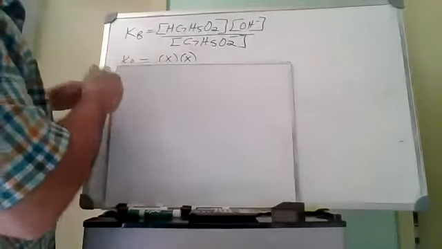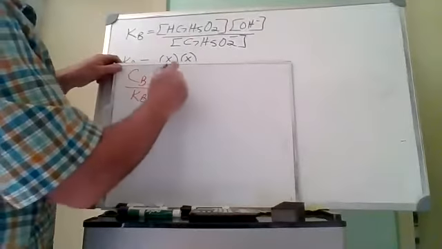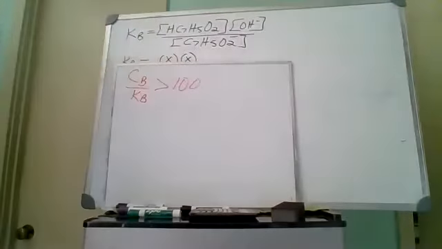So CB divided by KB, if that's bigger than 100, we can drop that X.